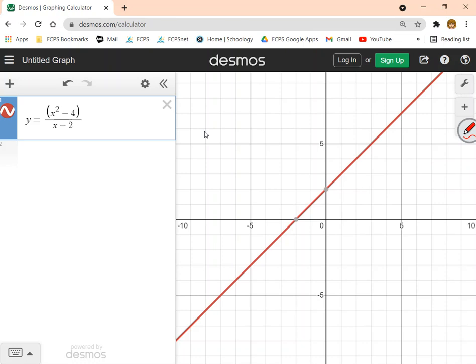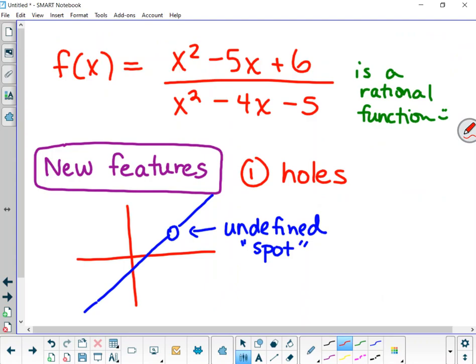The same thing happens on your TI-83s or 84s. Even if we typed the function in, we're not necessarily going to know there was a hole. We have to be able to look for it.